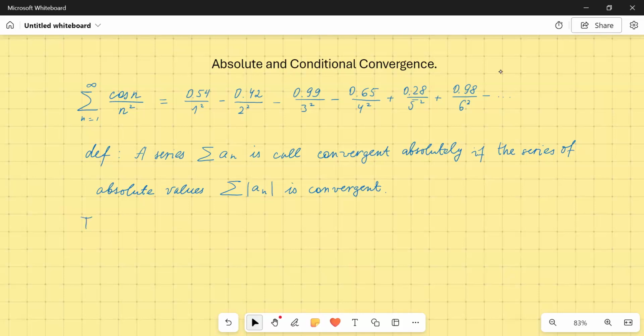Theorem. If the series a_n is convergent absolutely, then it is convergent.